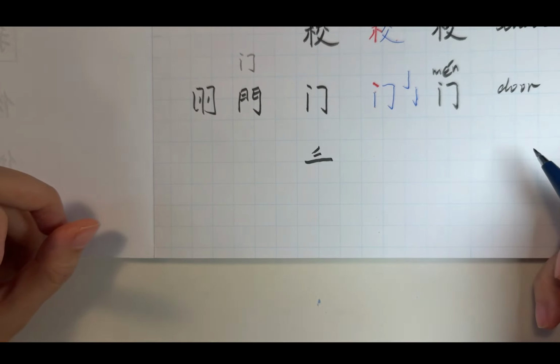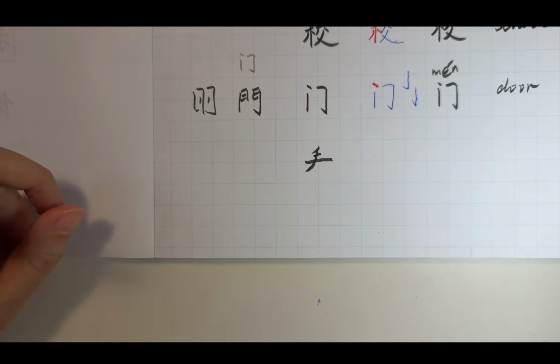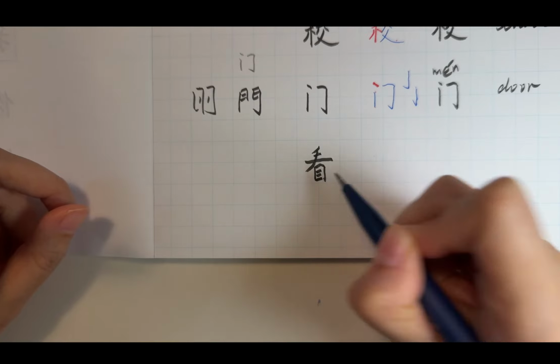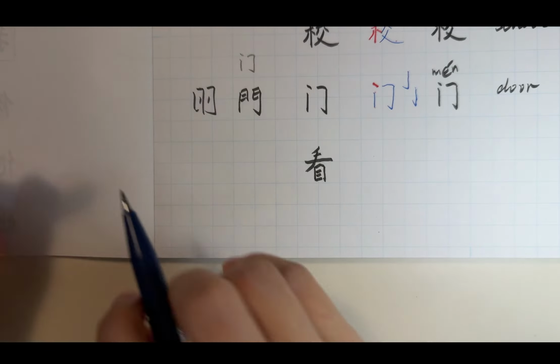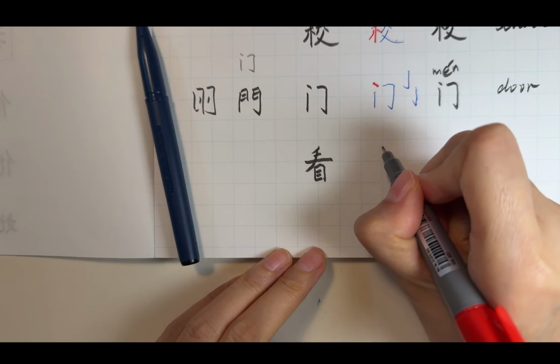You write 3 strokes first. 一个撇，因为看要用到眼睛，所以下面是目。目是眼睛，用眼睛看。So let's separate them.